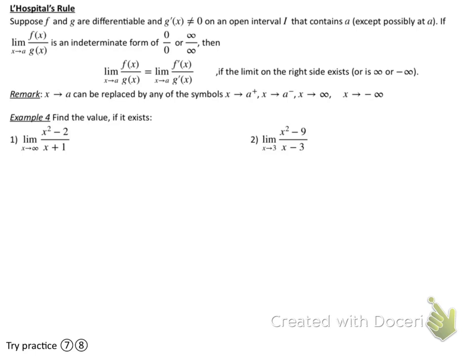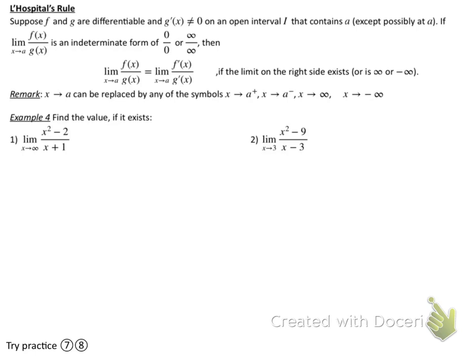This is also true for the cases when x approaches a from one side, or approaches positive infinity or negative infinity. If you remember questions 5 and 6 from the previous calculation, now let's do them again with the nice L'Hopital's rule.